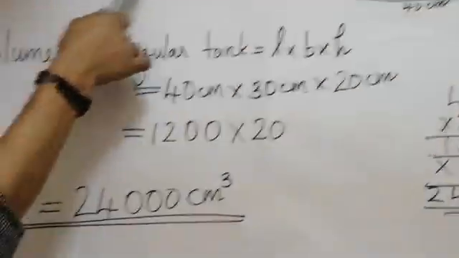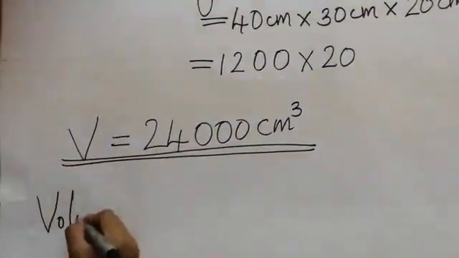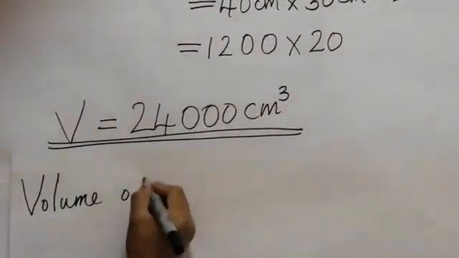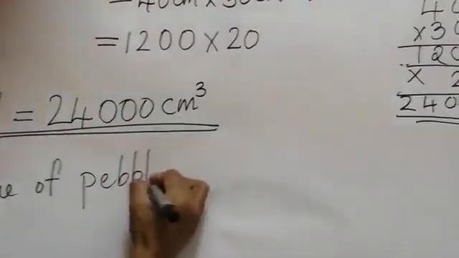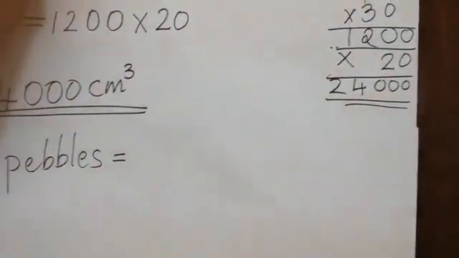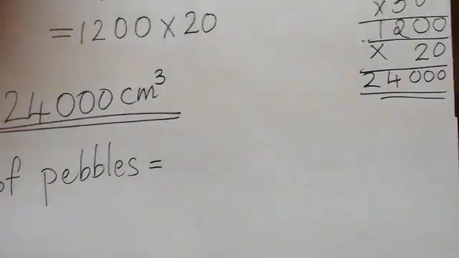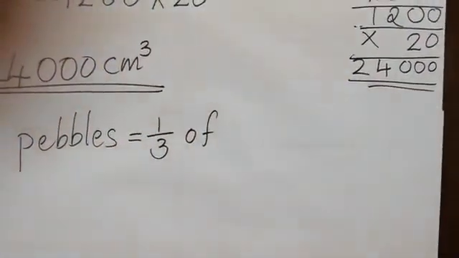Now we want to find out the volume of the pebbles. So we will write the next step. Volume of pebbles equals, it is given there 1/3 filled with pebbles. So 1/3 of total volume.